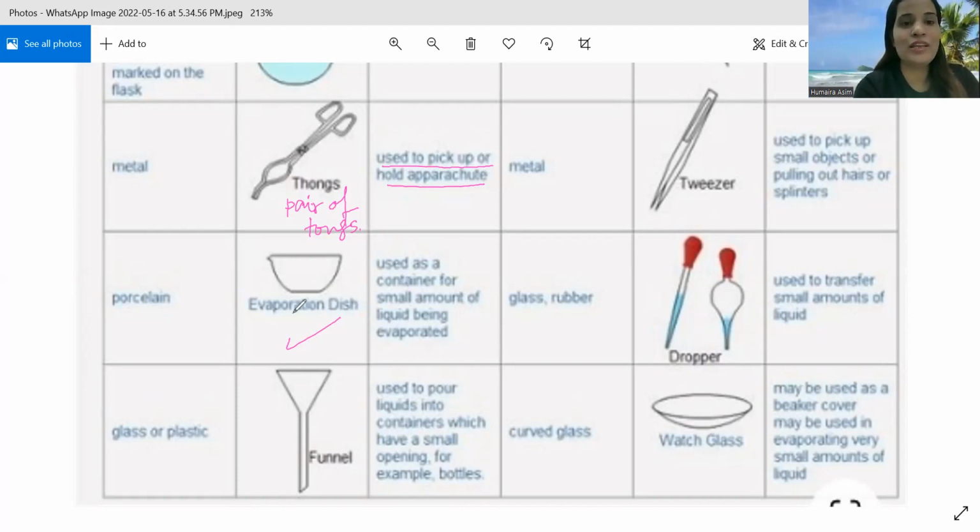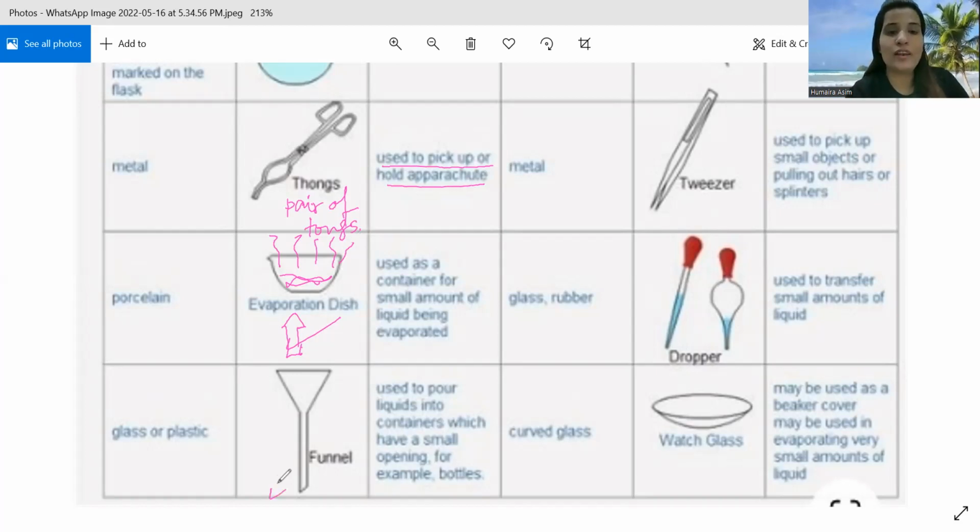Heating will be applied right down there, and the liquid is going to evaporate. That is why it doesn't have any cover, and that is why it is called an evaporating dish, because you want the solution to evaporate, to escape.